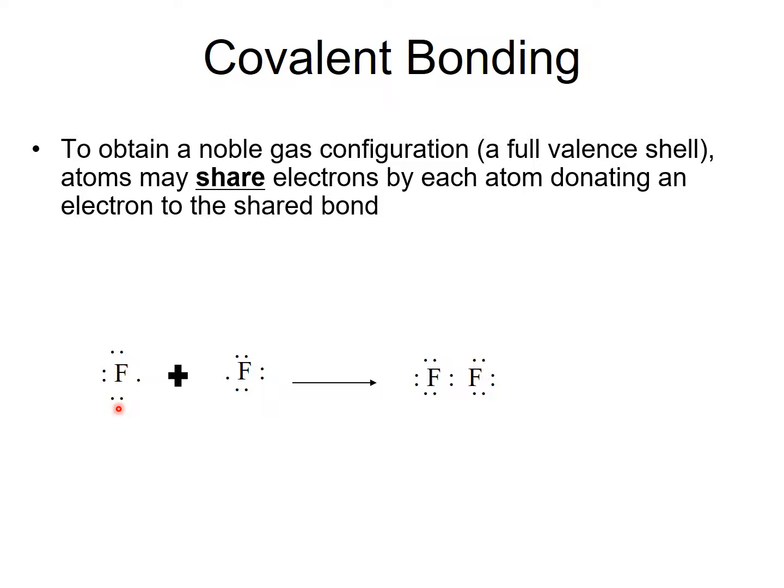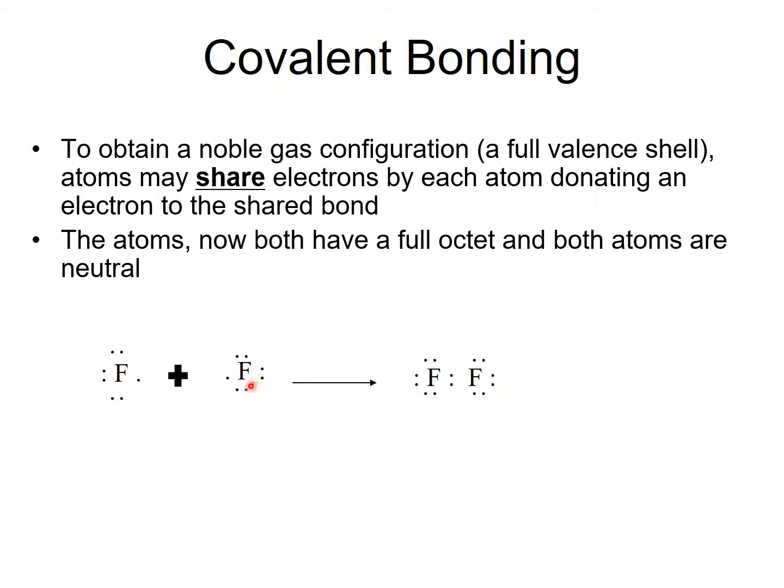So we have a fluorine. Once again, it has 7 electrons in its valence shell. We have the other fluorine. It also has 7 electrons in its outermost shell. Neither of them has a full valence shell, a noble gas configuration, or an octet. So now we're going to share the electron from one fluorine with the electron from the other fluorine.